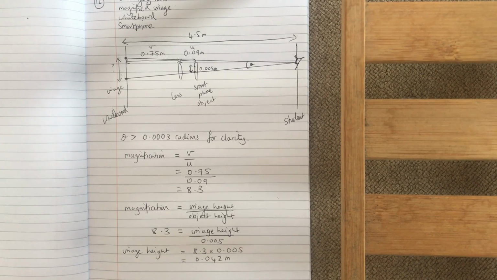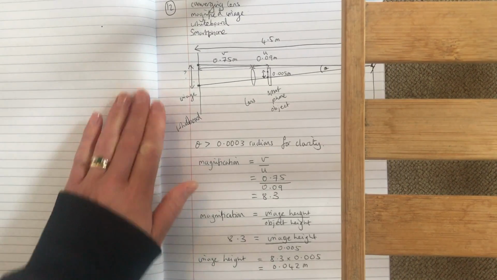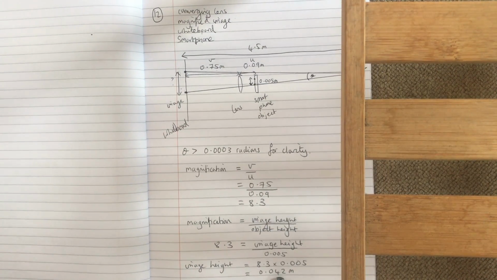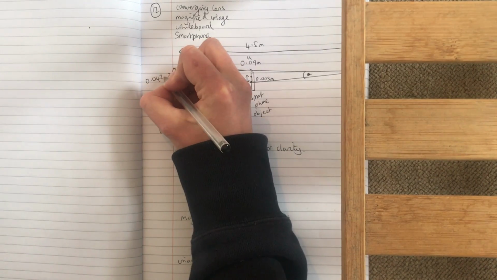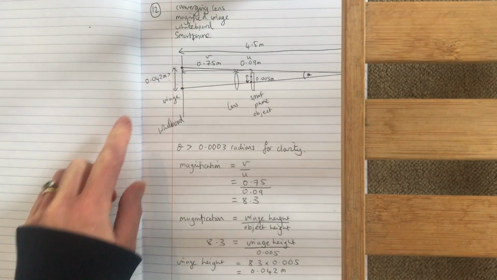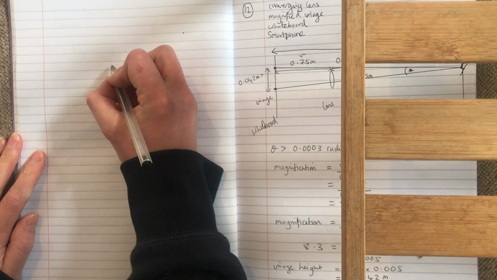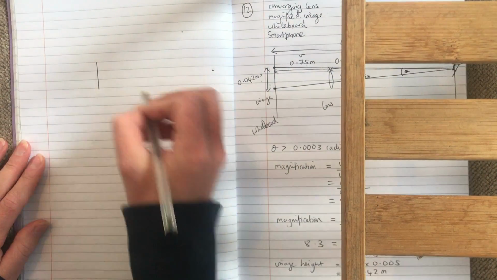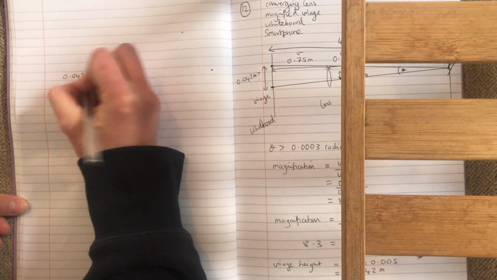So I've now worked out the image height is 0.042. Now I'm going to just slide this over so you can still see the diagram here, because this is important. So we can add this 0.042 to the diagram. What we have at the moment is a triangle with this distance here being 0.042.